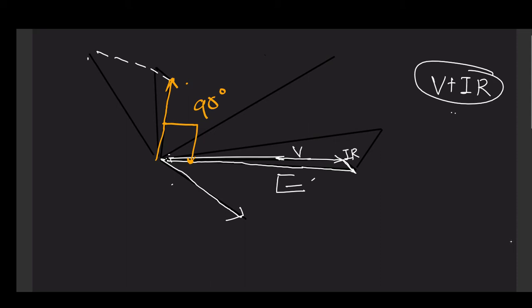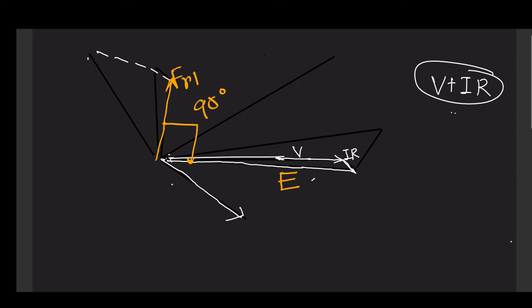Now, once we draw it, what are we having here? You can consider this one like FR1, and let it be E dash because we keep E for this one.